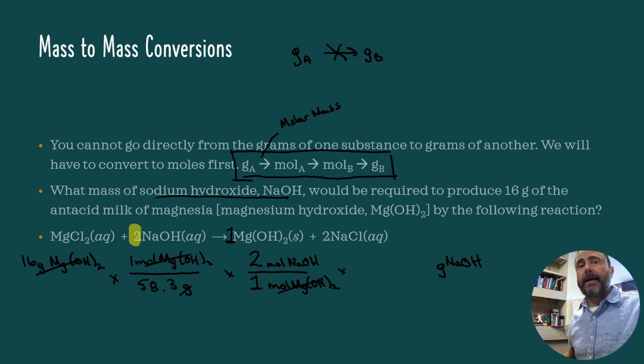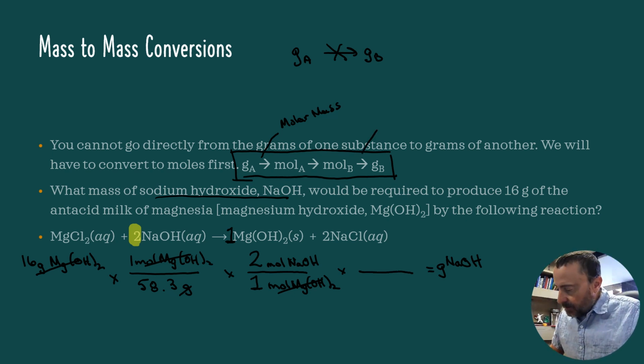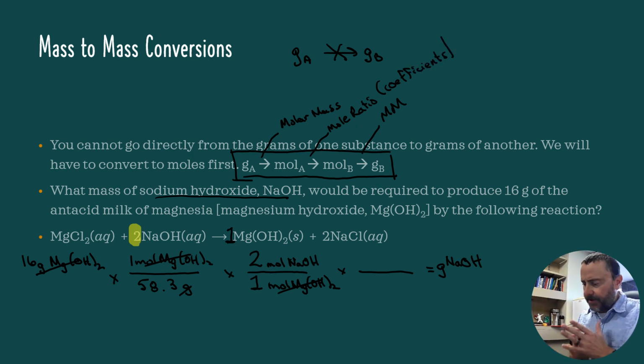Okay, now finally I can go to the grams. Again, this is using the molar mass. The step from moles to moles is called using the mole ratio. That's using those coefficients that are in there.